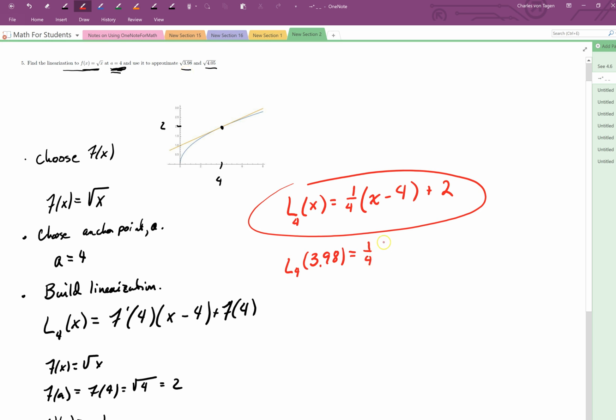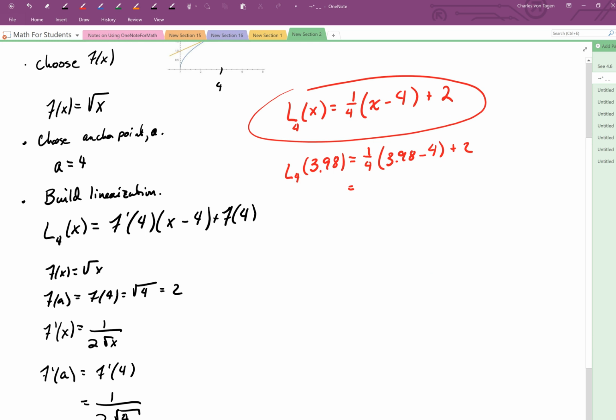So we plug in 3.98 for x into our linearization function, and we simplify. Folks, I'm going to do this without a calculator, so I'm going to work with fractions here. So we get 1/4 times negative 0.02 plus 2, but that's 1/4 times the fraction negative 2 over 100 plus 2.